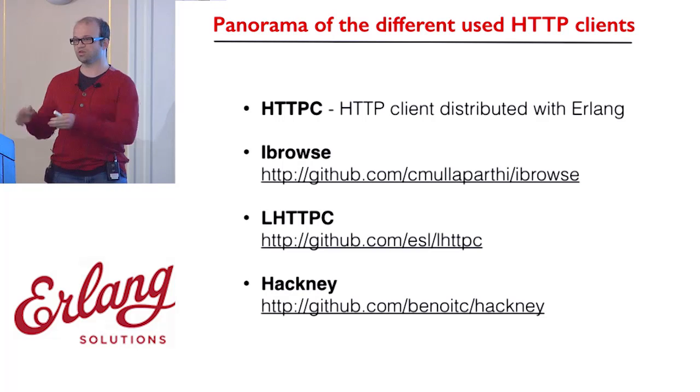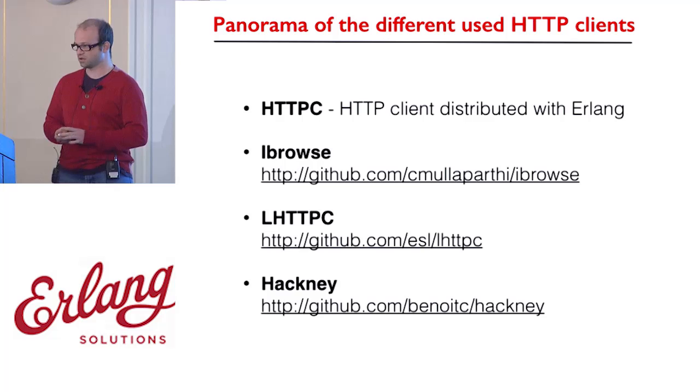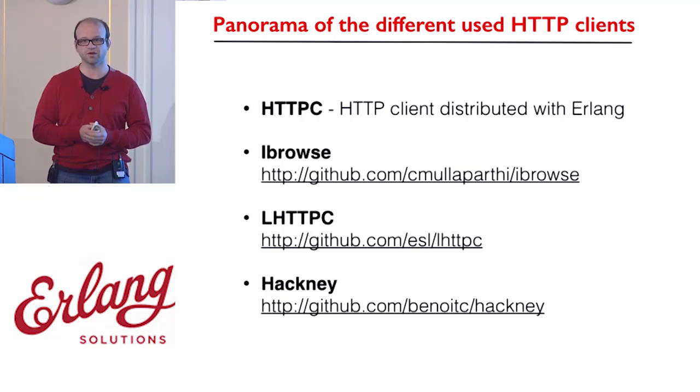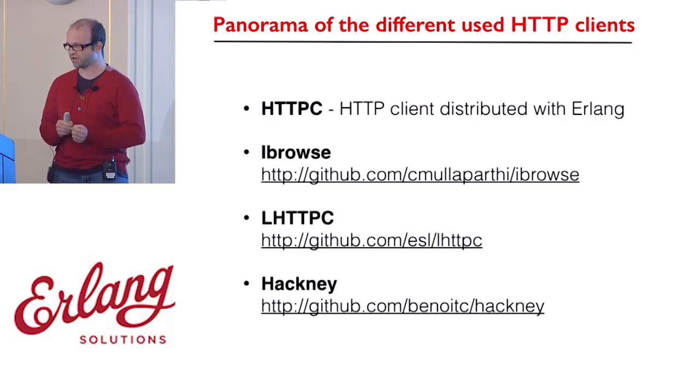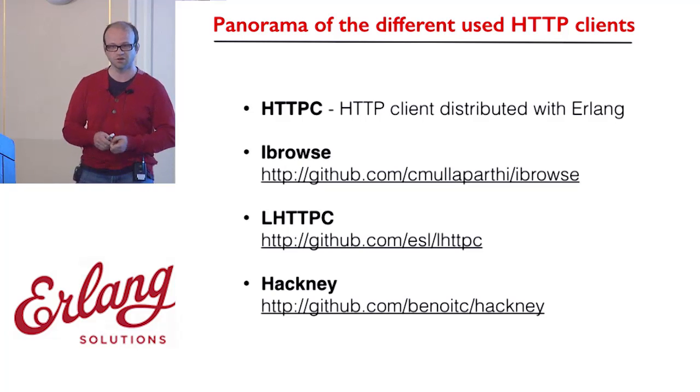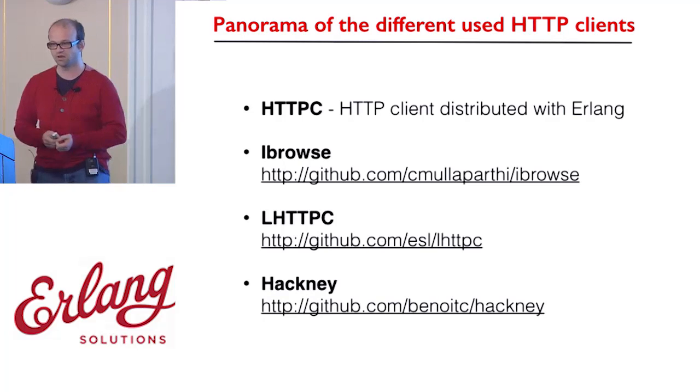You can even multiplex connections using pipelining with httpc. You can stream your response, but something is missing, or I didn't find it in the doc at least. You can't stream your request. You can stream a response, but you can't stream a request. You can just send a binary or IO list or a file using the sendfile API, but that's all.